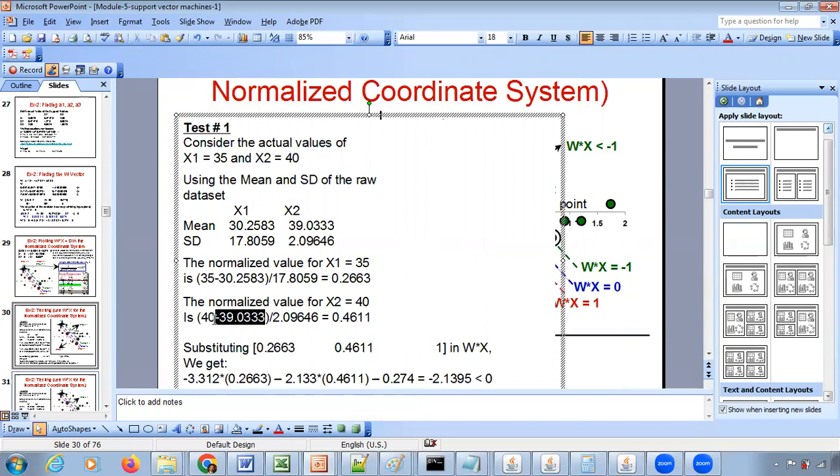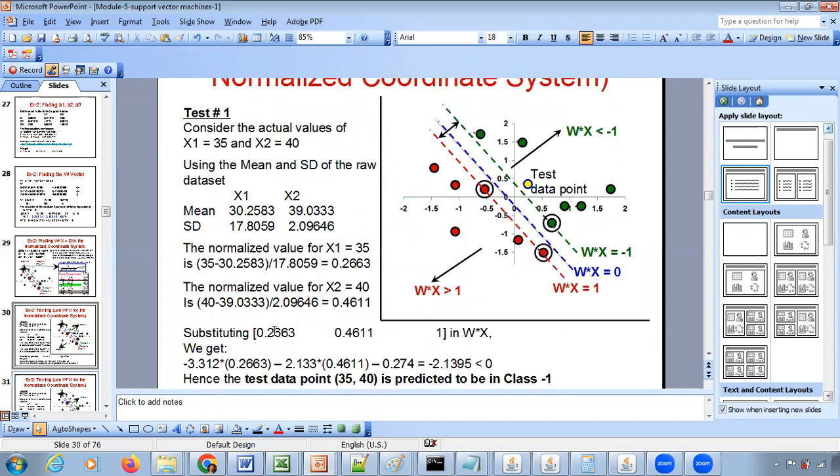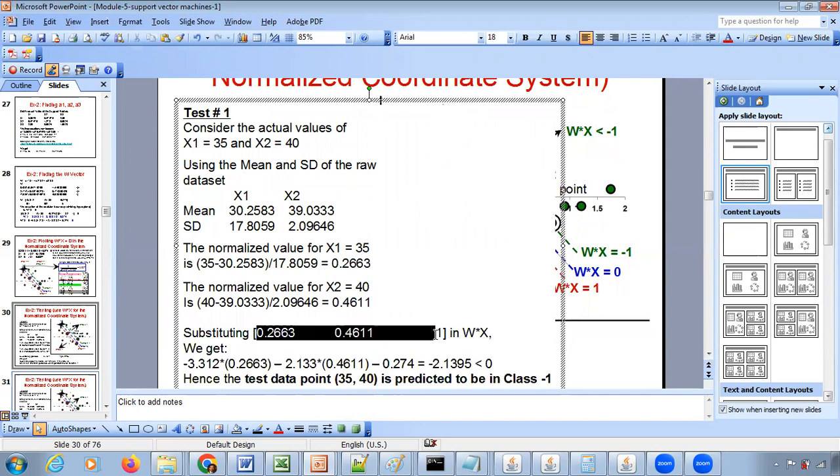Similarly, for x2, the raw value is 40 minus the mean, find the difference, divide the difference by the standard deviation. So the normalized data is this for x1, x2, and then a 1 for the bias. Now to substitute, find w times x.